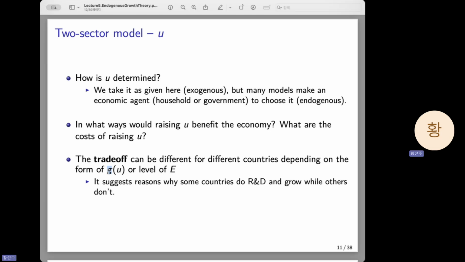That can help explain why some countries invest heavily in R&D and grow fast, while others do not.